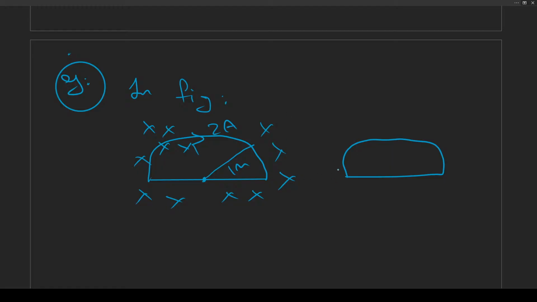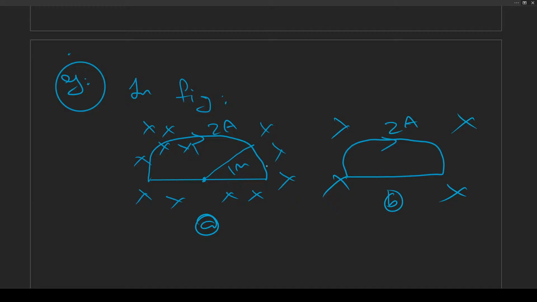This is also radius. This is 2 ampere current. This is A diagram and B diagram. Here as well, there is a magnetic field inward.